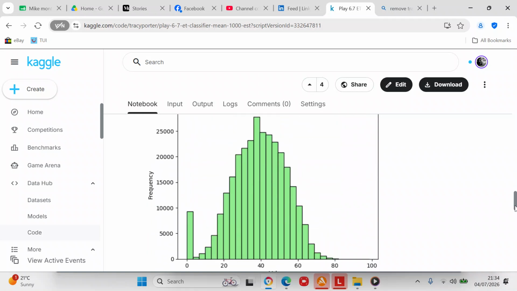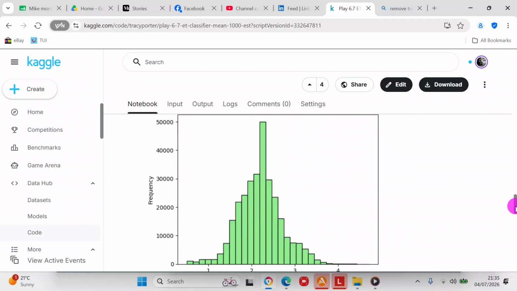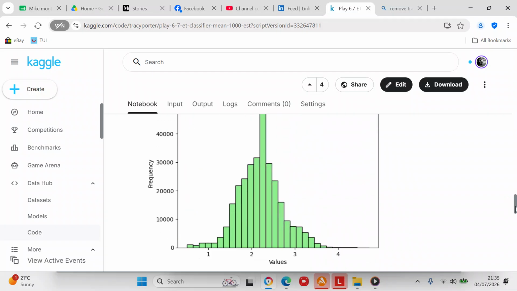Exercise duration was very similar to the exercise duration in the train data set, whereas you had close to 10,000 people who didn't do any exercise at all. And then the most popular exercise duration was 40. Water intake, again, that's like 2.2.